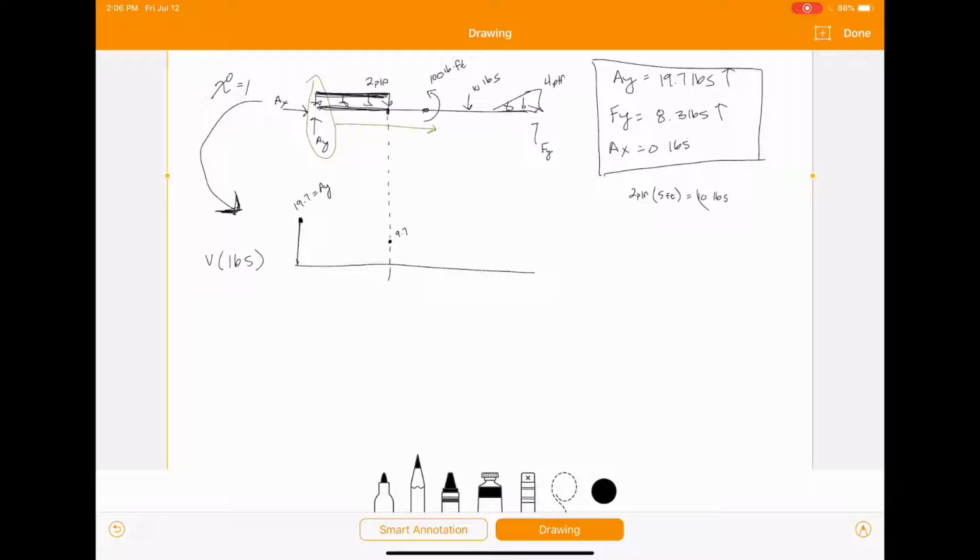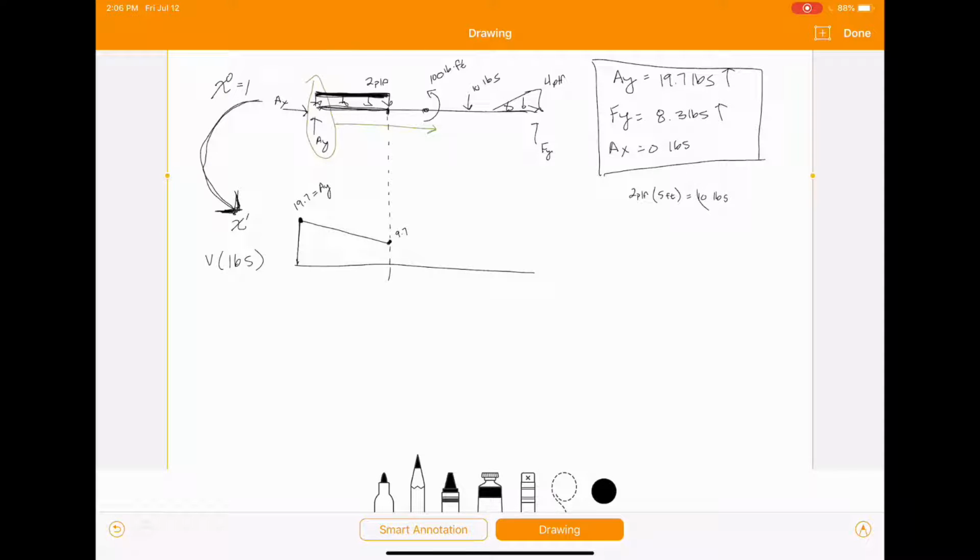We don't have an X for this line right here. So when we move down to our shear, we increase the power by 1. So we need to have an X to the 1 power. And again, this is going down, so we're just going to have a negative linear line to that 9.7 right there.